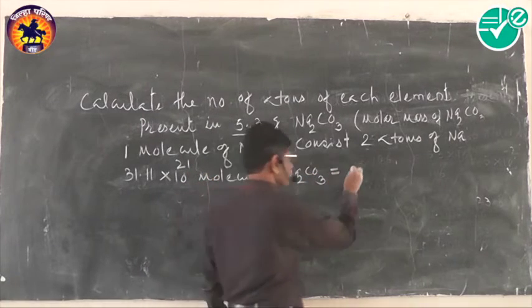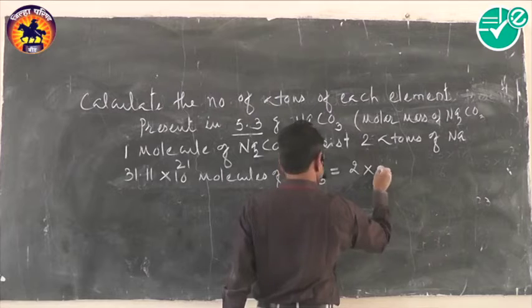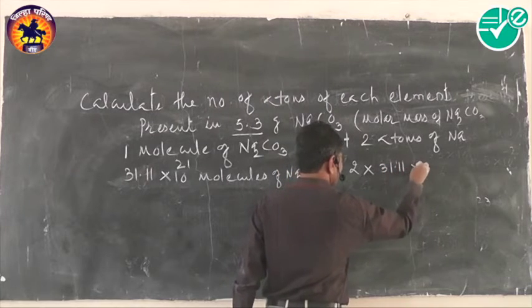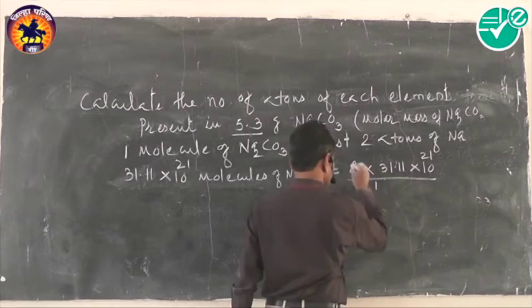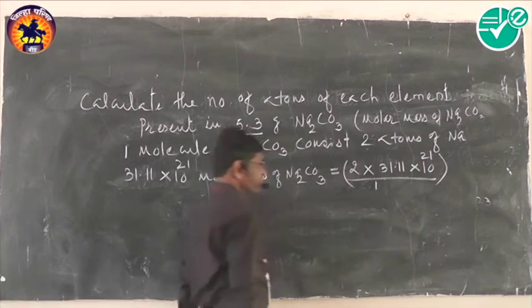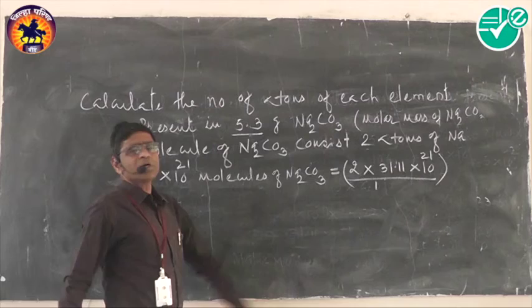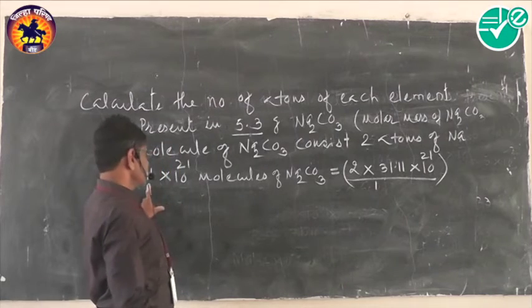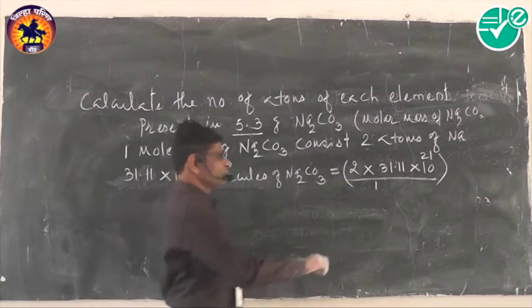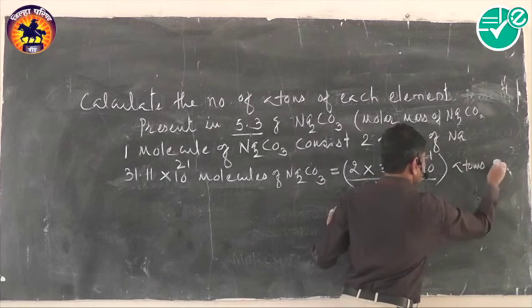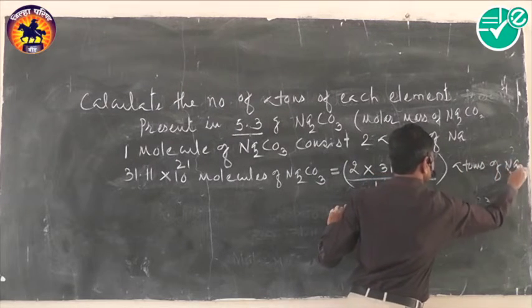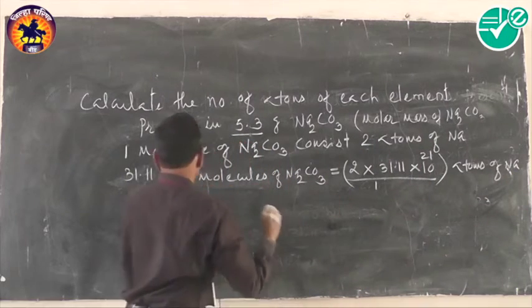It is equal to 2 multiplied by 31.11 into 10 raised to 21 divided by 1. So these are the total atoms of sodium present in 5.3 gram of sodium carbonate.